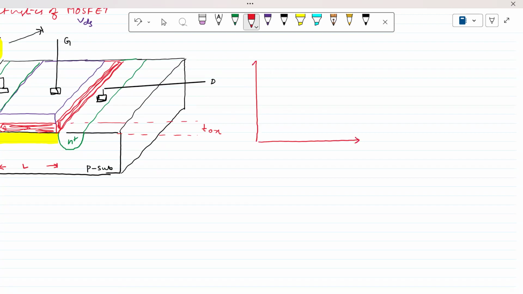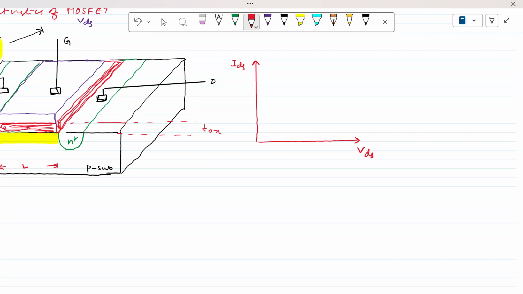Whenever we talk about the MOS transistor, if you want to calculate the current, what current is this? The drain to source current. That means we have to apply VDS, and by applying VDS we will see the drain to source current, IDS. Now we need to draw the behavior of this MOSFET between these two axes.